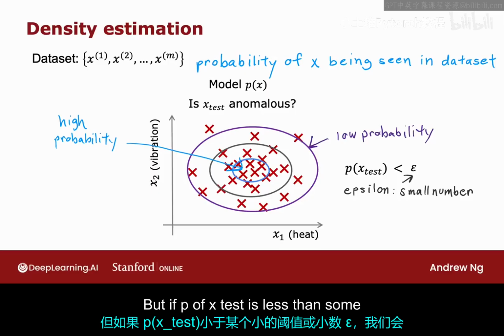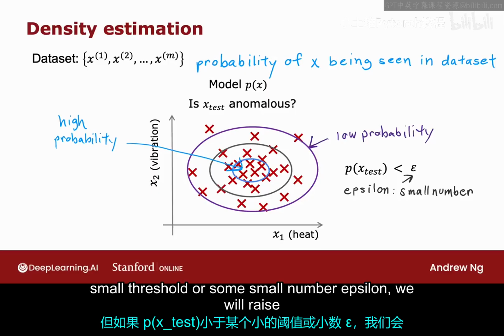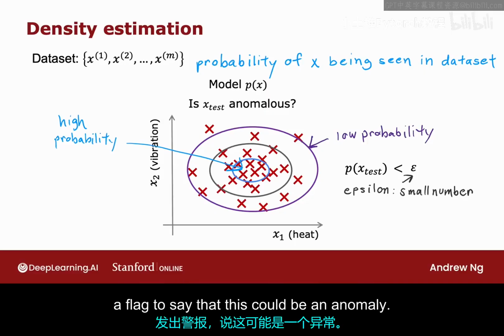But if P of X test is less than some small threshold epsilon, we would raise a flag to say that this could be an anomaly.